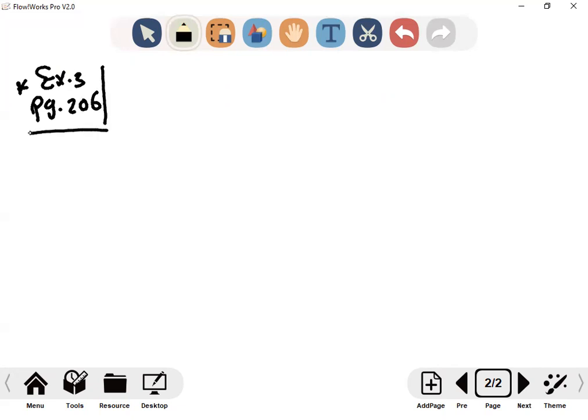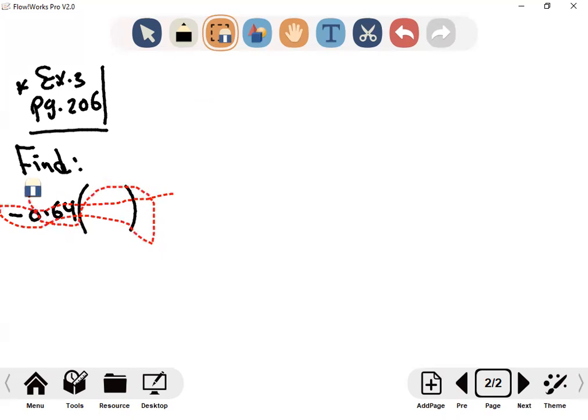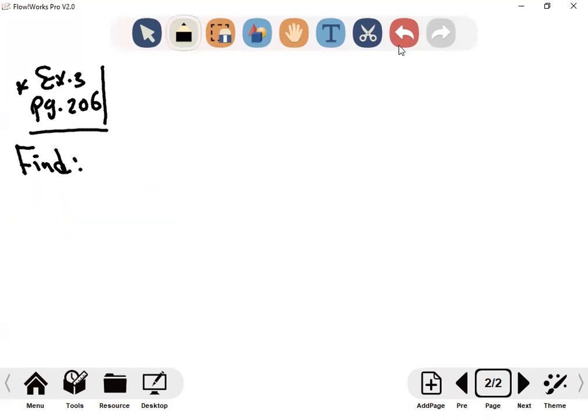In this example, the question wants us to find negative 0.64 multiplied by negative... sorry, find 1/3 multiplied by negative 2.75.